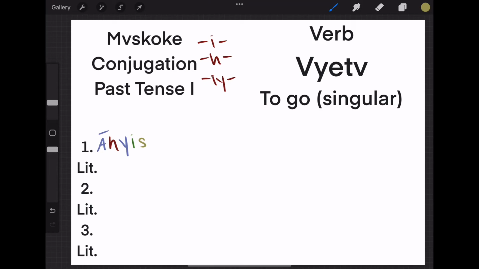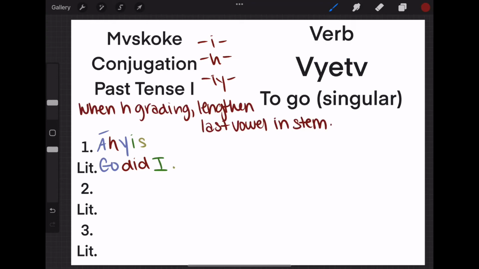We'll put in our first person marker I and our declarative ending S. This literally translates to go, did, I. So remember, when we L grade, not H grade, I miswrote here, we must lengthen the last vowel in the stem if it is a V. Ahyes. In English, this translates to I did go. And remember, this is today through last night or a 24-hour period only.